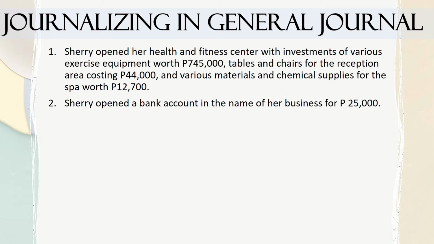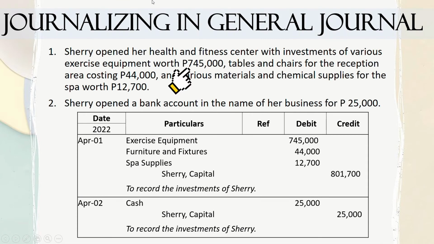So let's now create the journal entries related to these transactions. Okay. For number 1 and number 2, the journal entry for April 1: first, exercise equipment worth 745,000, so it's recorded here. And then another for tables and chairs, which cost 44,000. Tables and chairs are part of your furniture and fixture, so it's recorded on the second line item for 44,000.